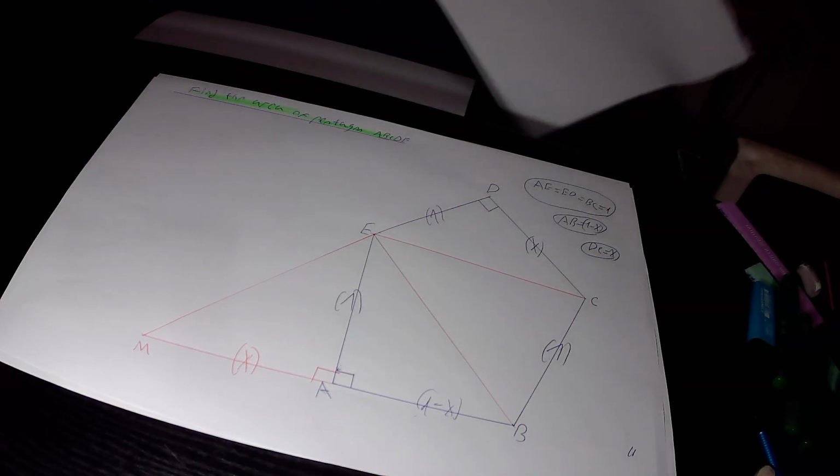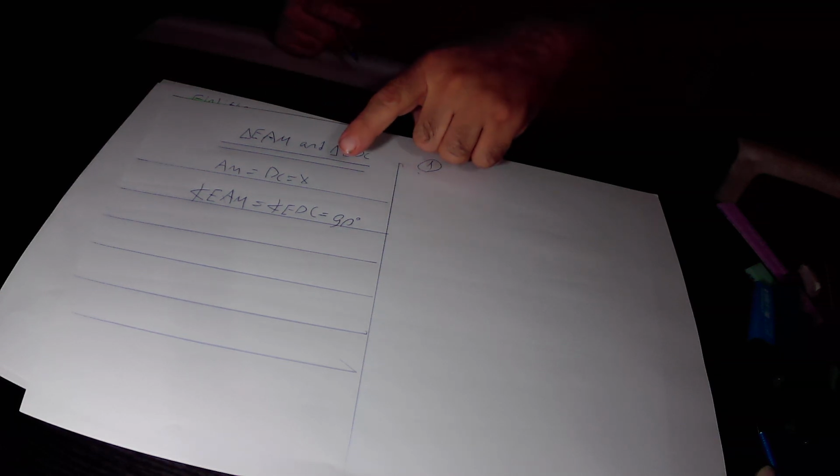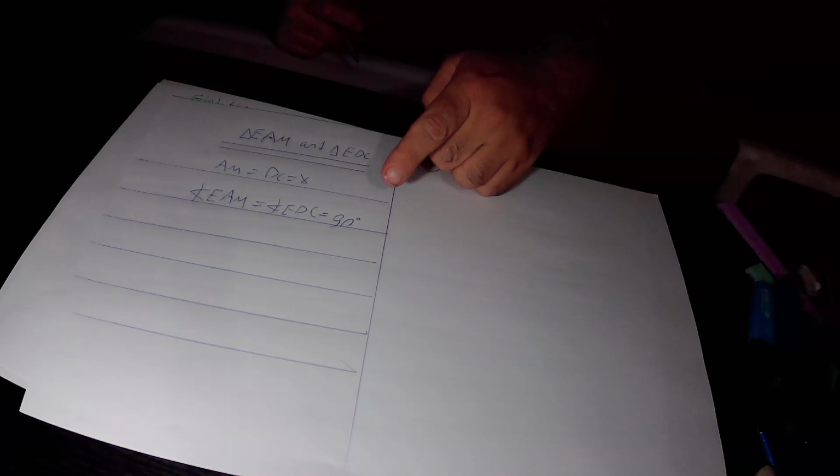Angle EAM in the right triangle EAM is equal to angle EDC in the right triangle EDC. They are both equal to 90 degrees and therefore they are equal to each other.